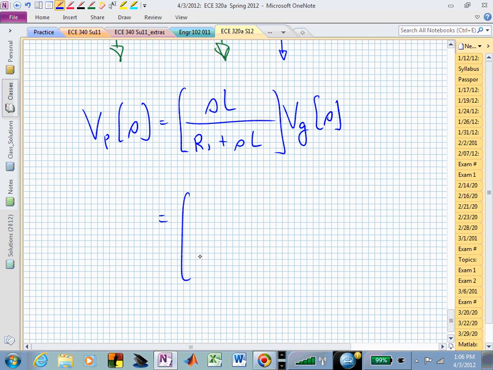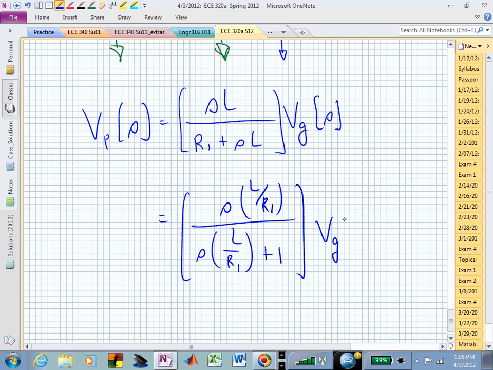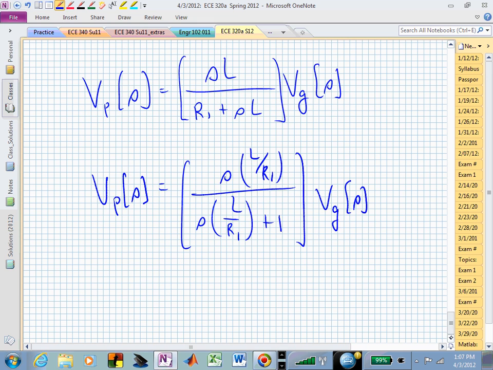I can factor the R1 out, and I have SL over R1 times one plus SL over R1.